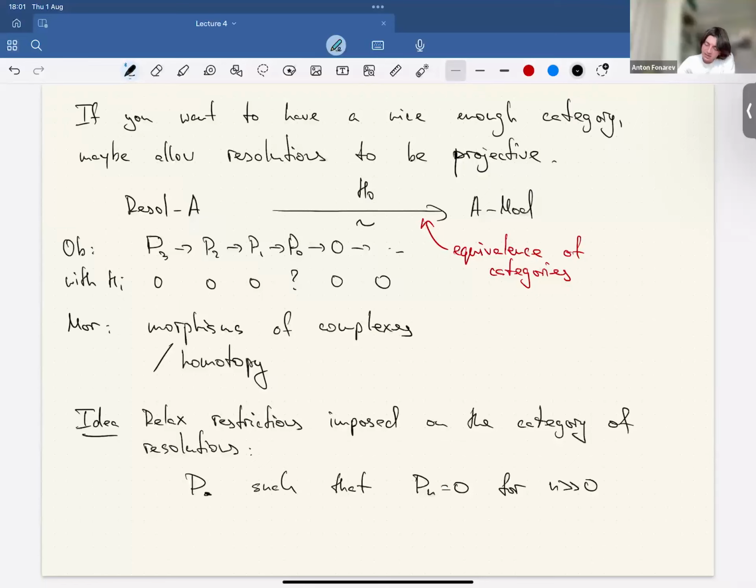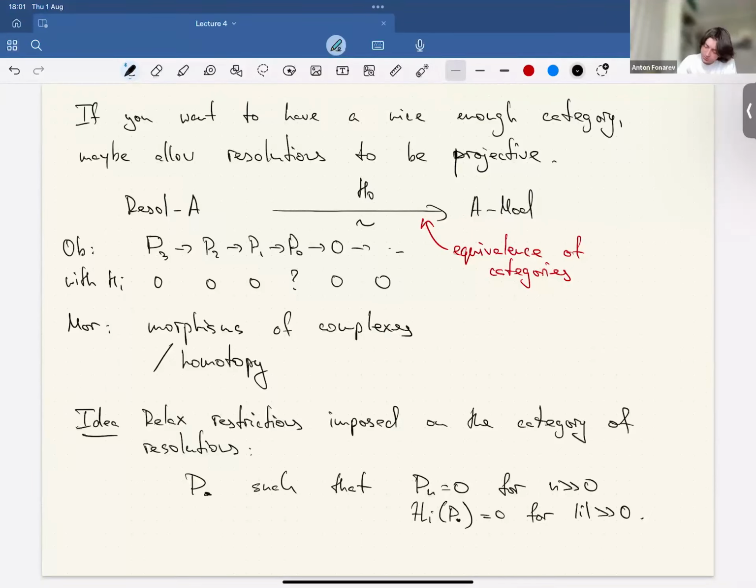And then there are various versions, but for our applications, let's say that Hi of P equals 0 for the absolute value of i big enough. So in other words, you have finitely many cohomology of these complexes. And also, if you go far enough to the right, you will only get 0.